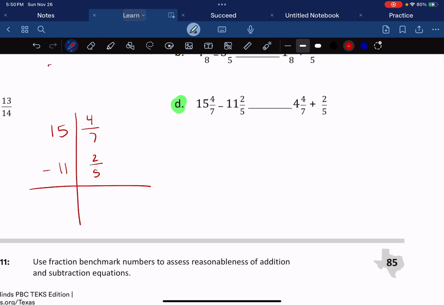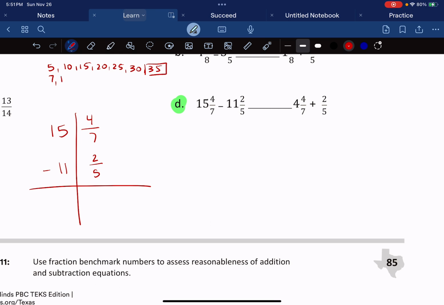I'm going to count by 5s and 7s. I get 5, 10, 15, 20, 25, 30, 35 is what they will have in common.